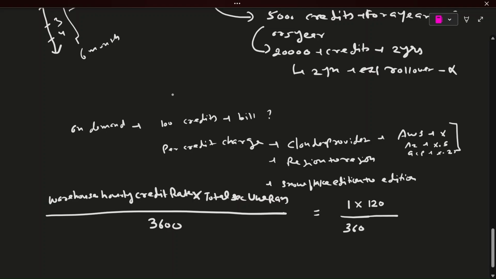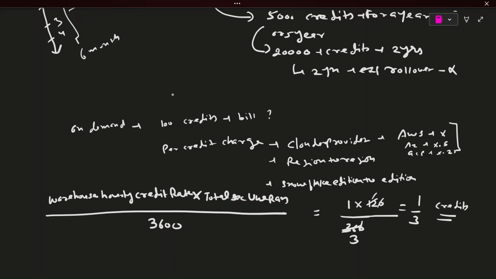My calculation will be very simple. This is 1/3 credit I will be charged. So if I'm running one small virtual warehouse for 120 seconds, I will be charged 1/30 credits in 120 seconds. Got it? So very simple.